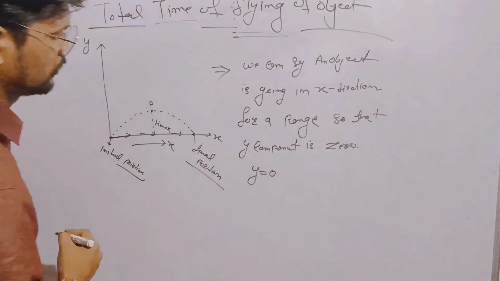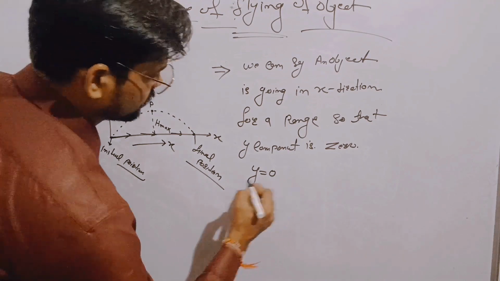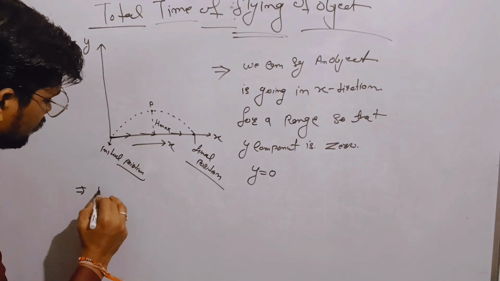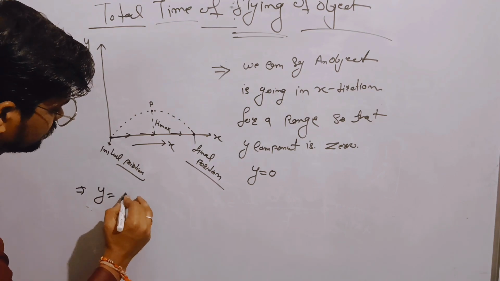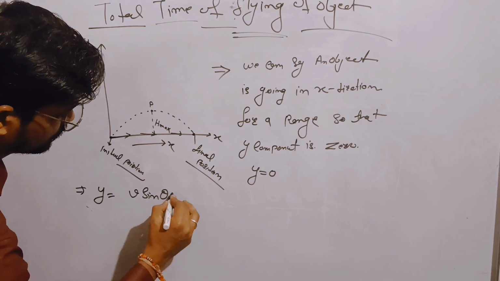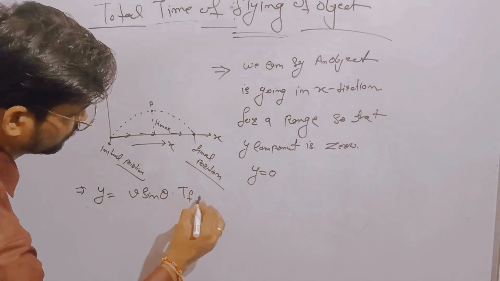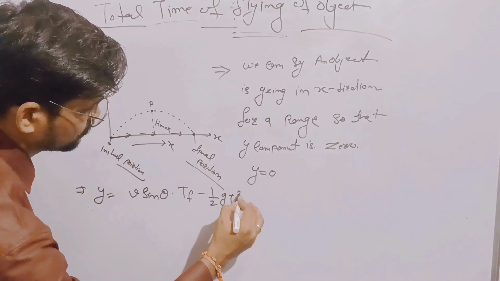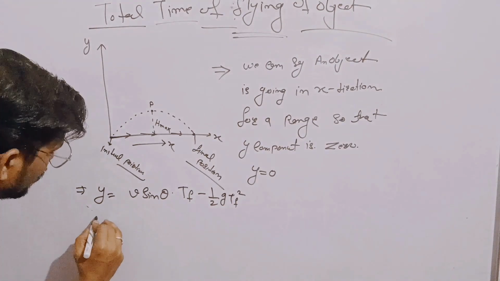So y is equal to 0. Then y is equal to v sin theta into tf minus 1 by 2 g tf whole square.